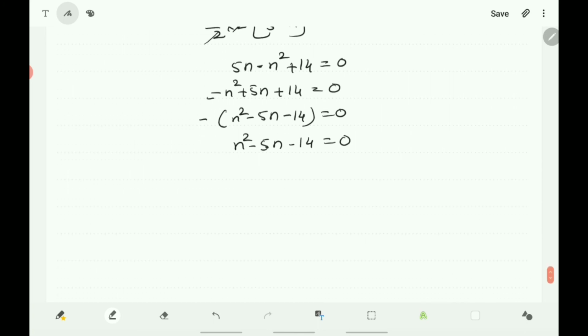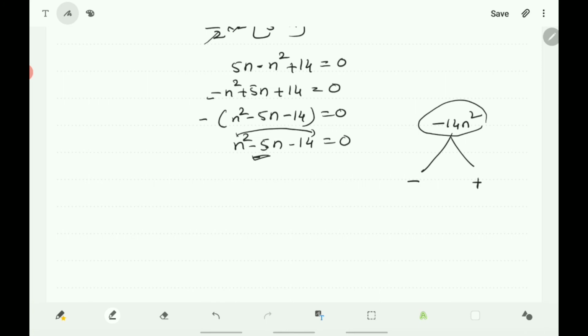Again use the sum and product. Here the product is minus 14 n square, and the sum is minus 5n. Here the signs are minus and plus because the product is negative. So you must have different signs, and the greater one gets the negative sign.